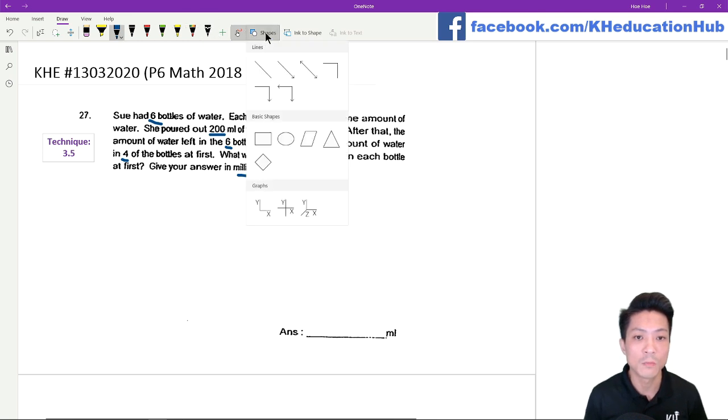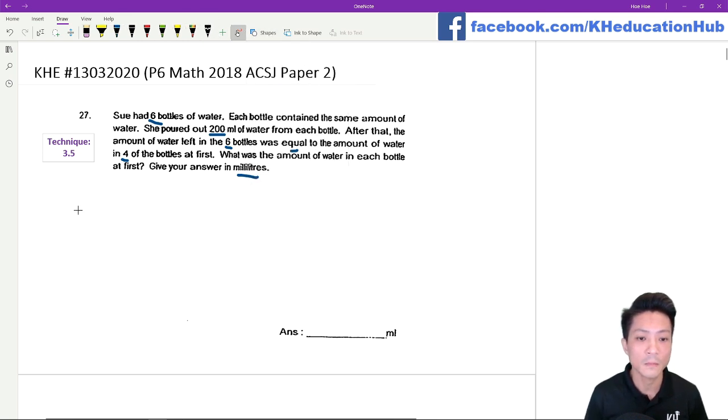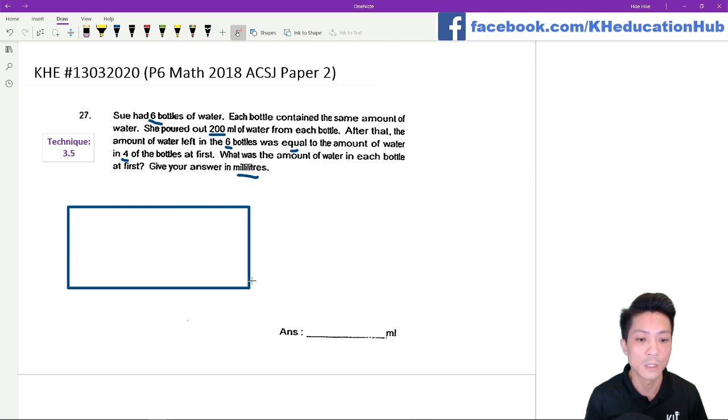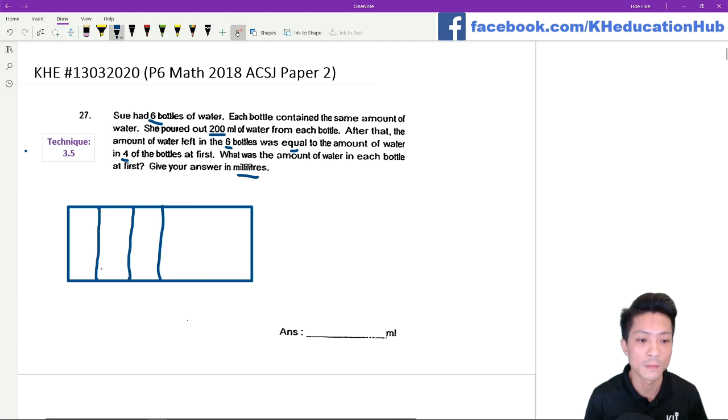I'm going to draw a model for this. In this question, there are 6 bottles, so I'm going to draw a block and I'm going to cut it into 6 bottles. Okay, and she poured out 200 ml of water from each bottle.